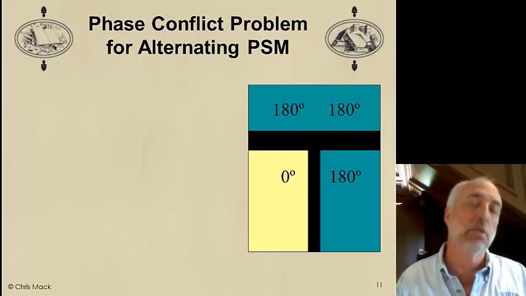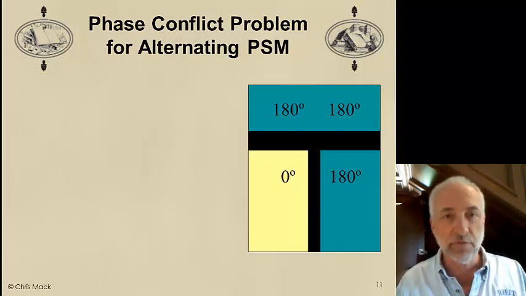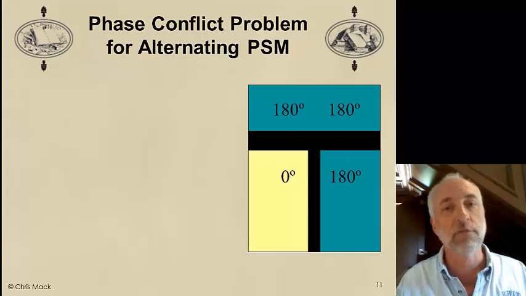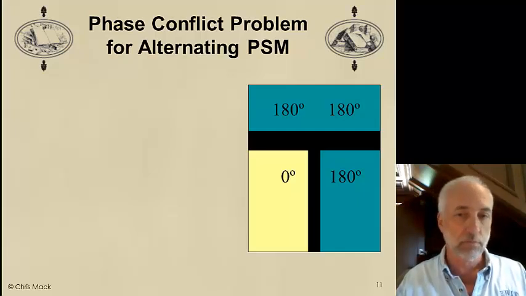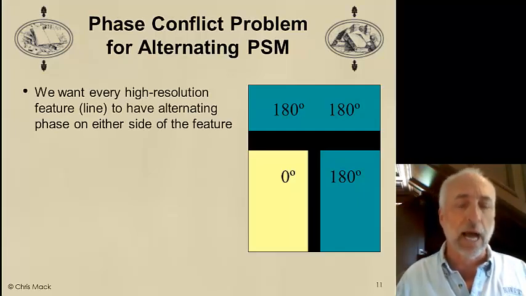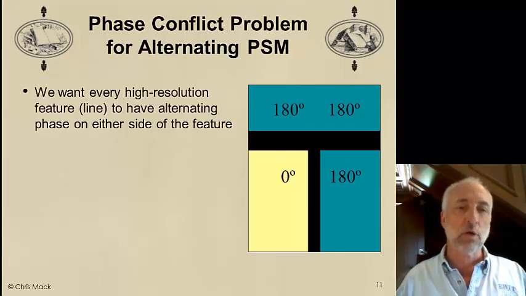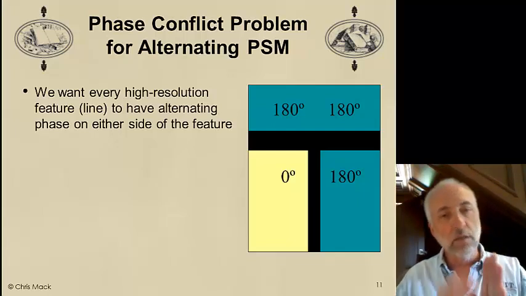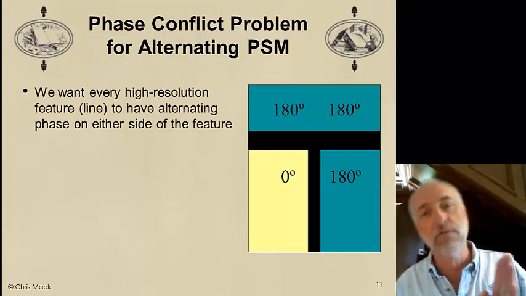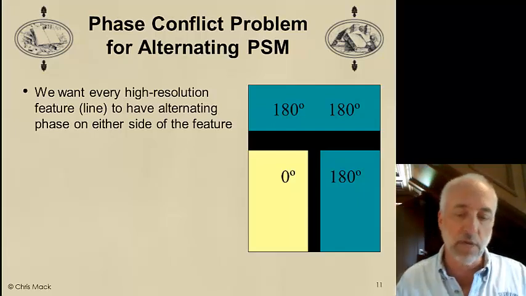Here's a problem, though. The main problem with the alternating phase shifting mask is something called the phase conflict problem. So, the way we make a phase shifting mask work is we put a line with 0 degree phase on one side and 180 degree phase on the other side.